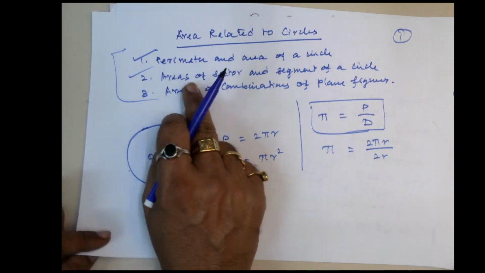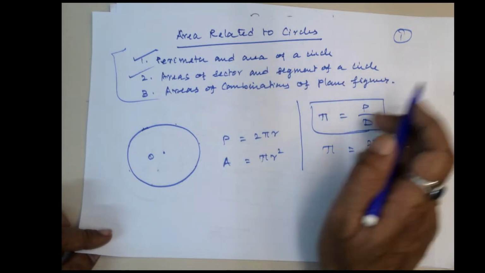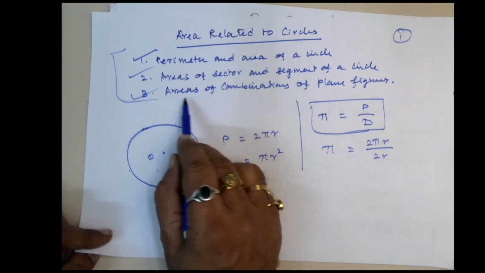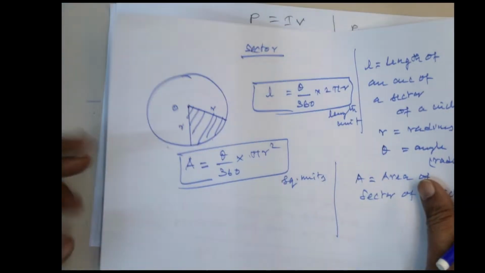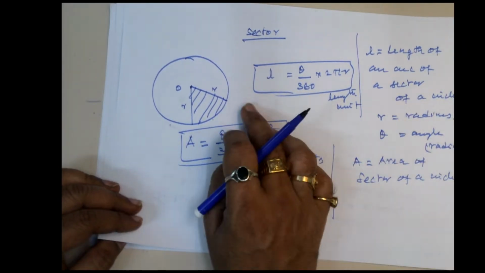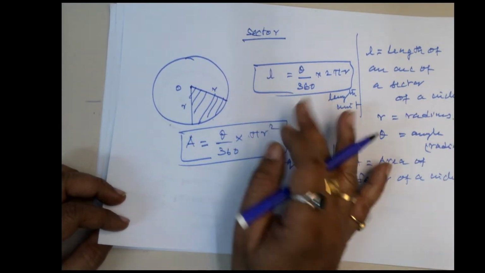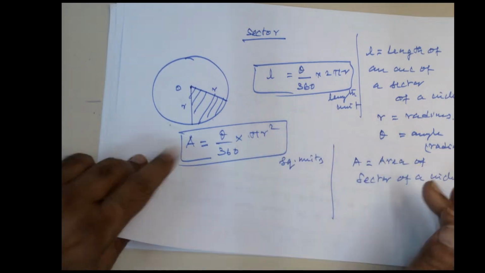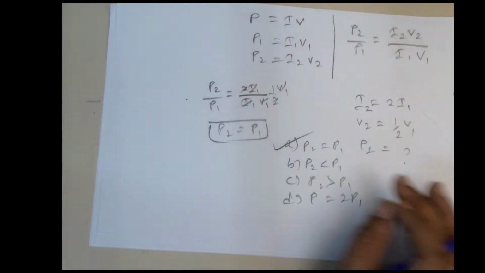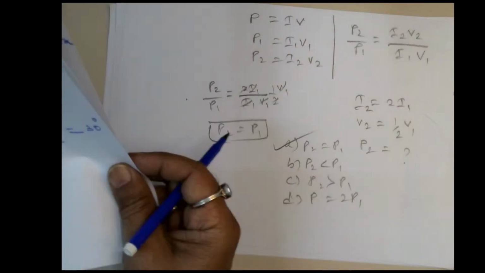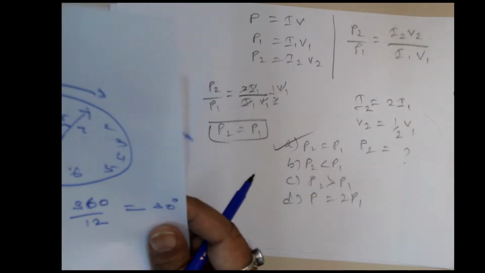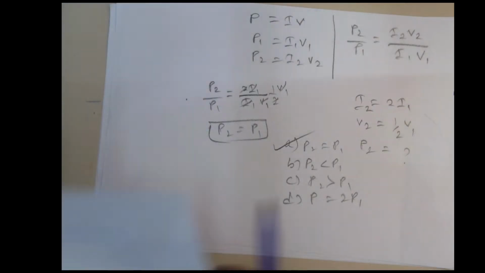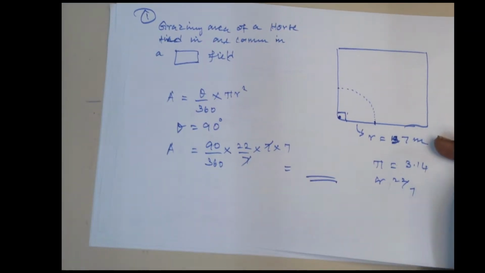Second one is areas of sector and segment of a circle. And I already included the area of combinations of plane figures also. So here we were talking about the sector, length of an arc of a sector, and sector area, and we discussed about the segment also, and we explained various statement problems.